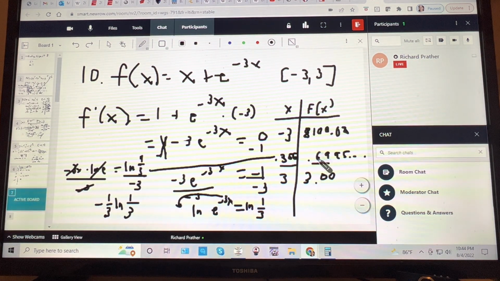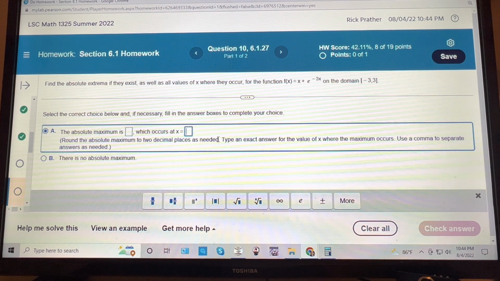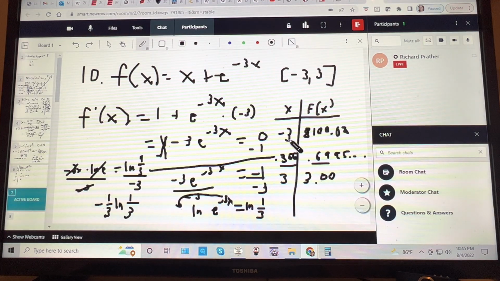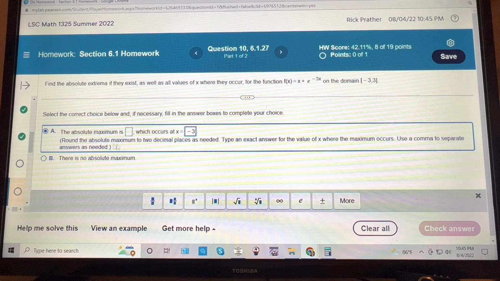So the highest answer I got out of all these was the one at x equals -3. They want exact answers for the location, and there's nothing inexact about -3. And then this is where they want that rounded to 2 decimals, the absolute maximum to 2 decimals.